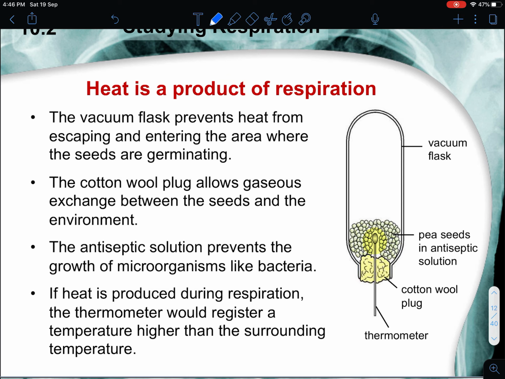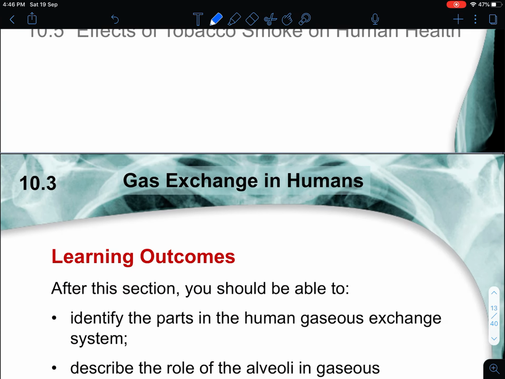In the event that it didn't, just like how the diagram actually shows, the bulb of the thermometer will not be in contact with the pea seeds, and air is a very bad conductor of heat, so you will not get an accurate measure.